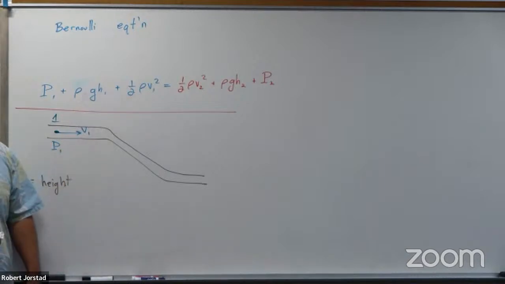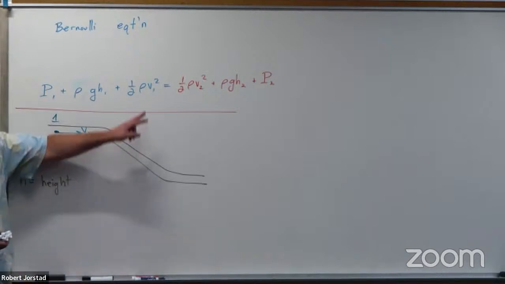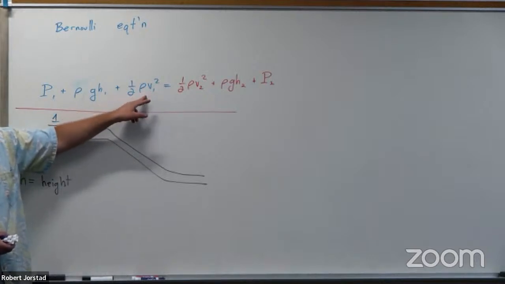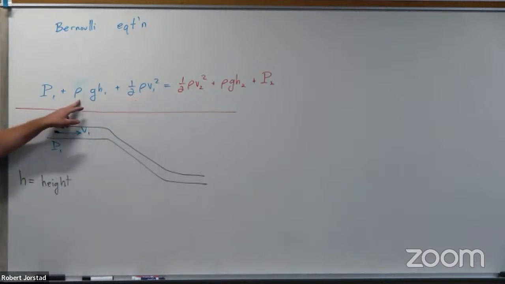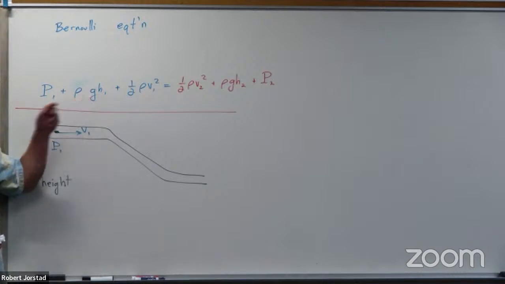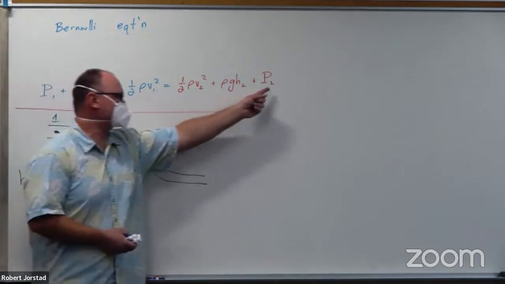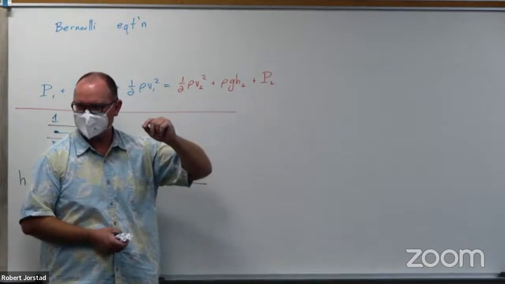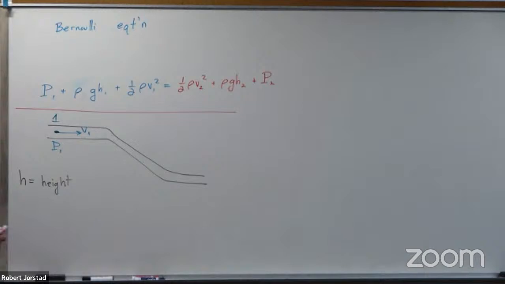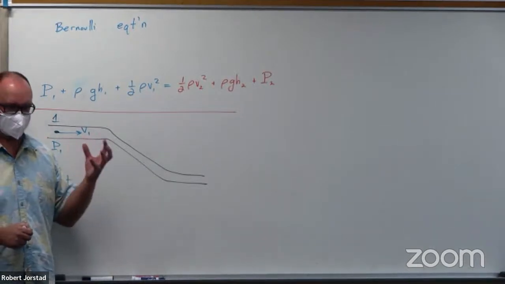What is mass divided by volume? Density. So this is 1/2 mv squared divided by volume. What is mass divided by volume? So this is gravitational potential energy divided by volume. What is pressure difference? Force per unit area. So it turns out pressure times a volume gives you work.